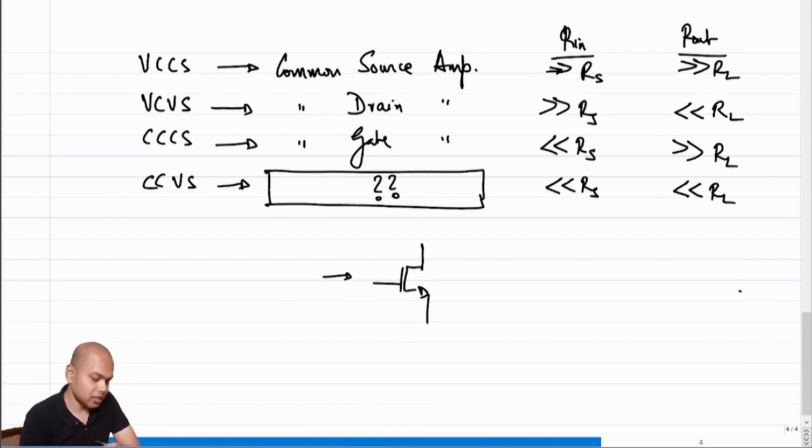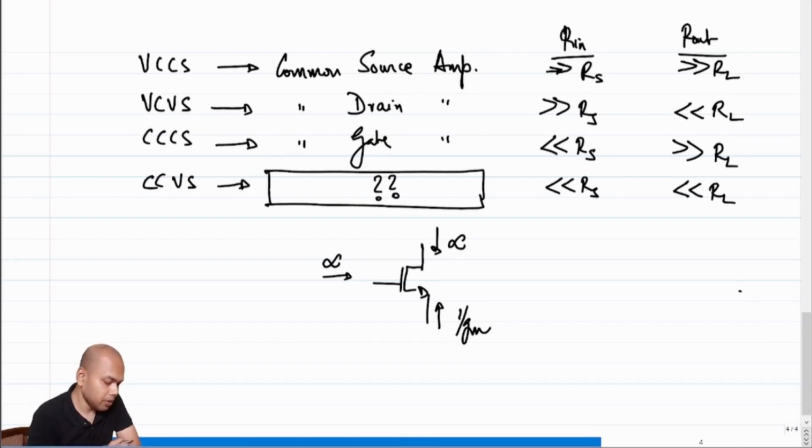A transistor biased in saturation has drain impedance of infinity, at least that's what our model is predicting. Gate impedance is obviously infinity. However, the source impedance looking in is 1 over gm, right? So the source is the low impedance node and the other two are high impedance.